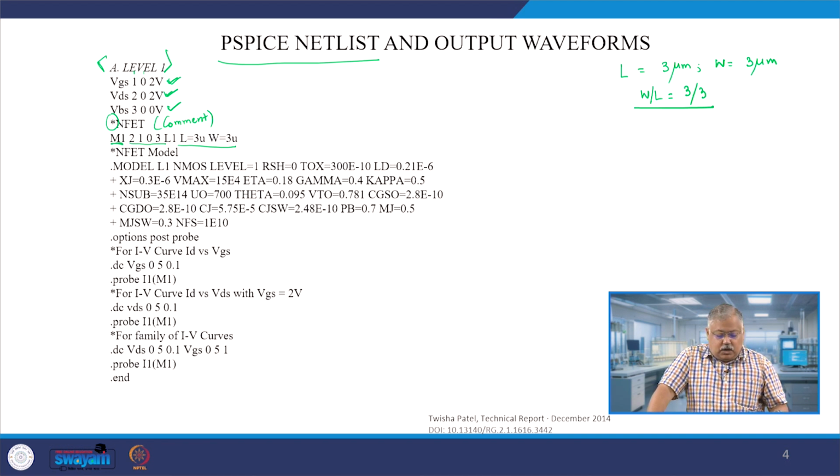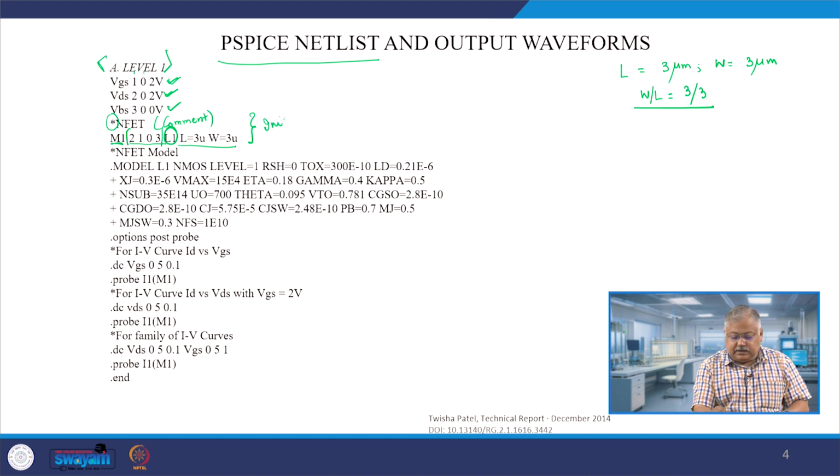L1 is basically the level of the SPICE file which we are taking into consideration, and then these are the nodes across which the transistor is kept. NFET is the initiation of the device, the transistor. This part is basically the device parameters.